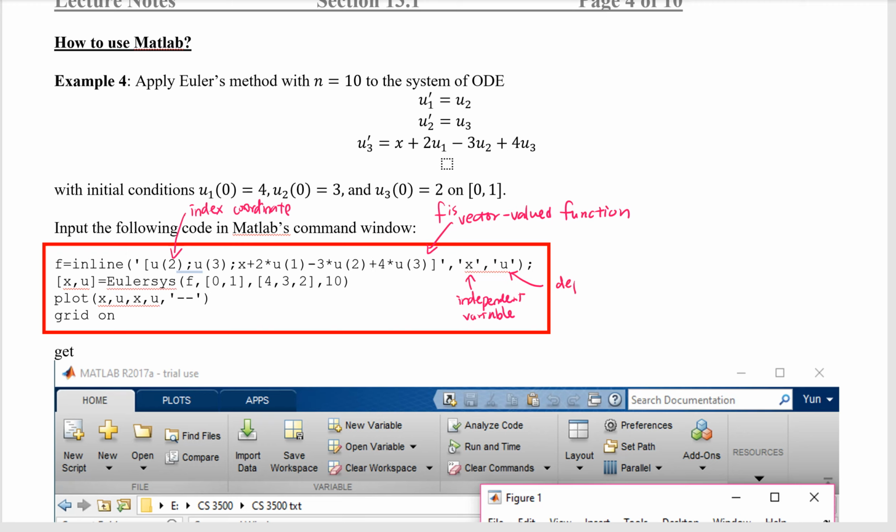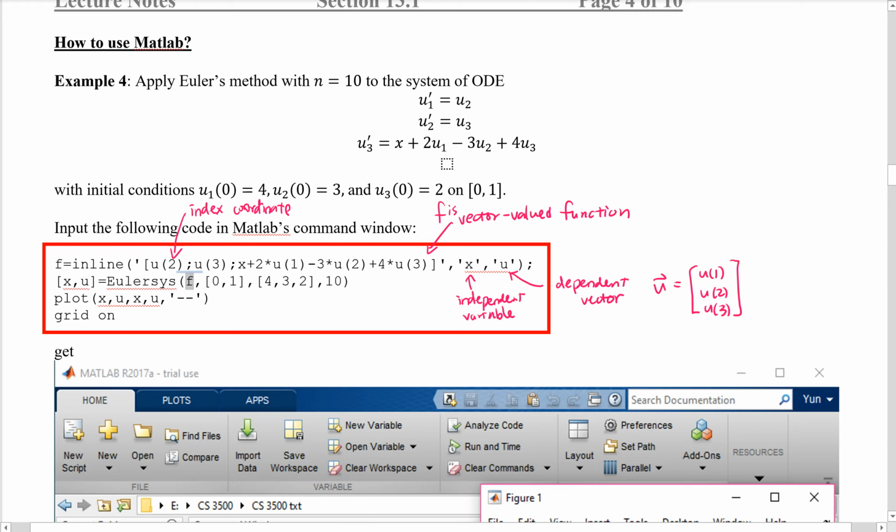So this is a dependent vector. Okay, it has coordinates u1, u2, u3. Okay, so we can think of u like u1, u2, u3. Okay, then we have brackets x comma u equals Euler system 6.